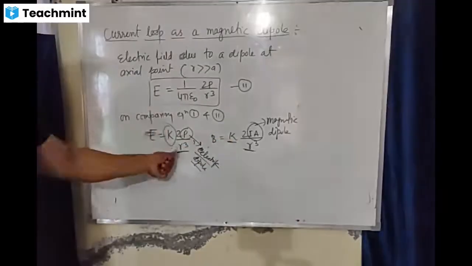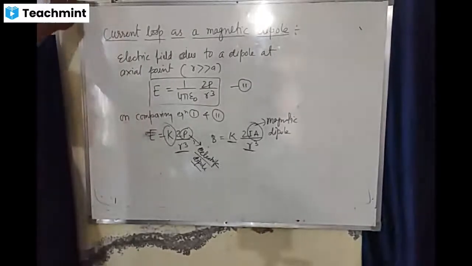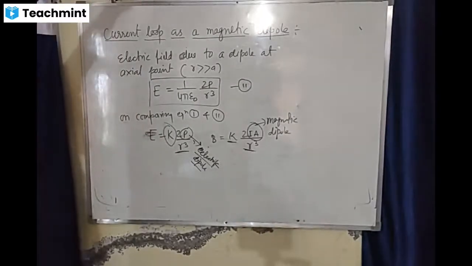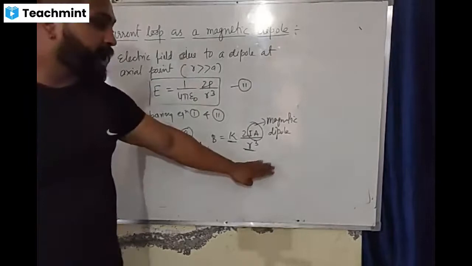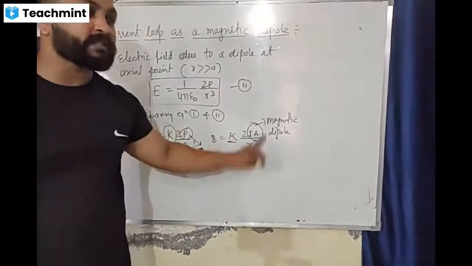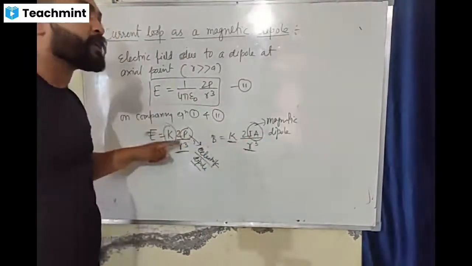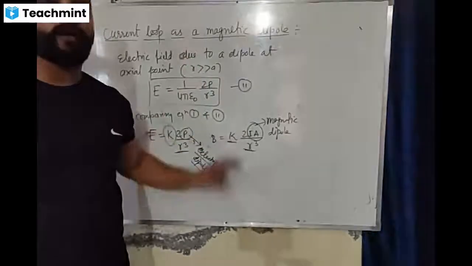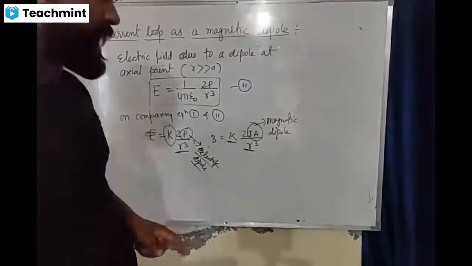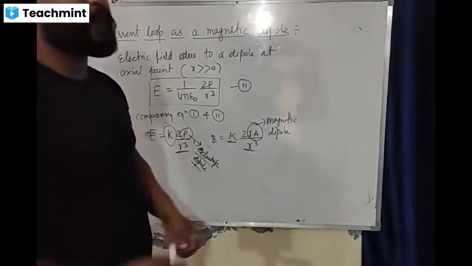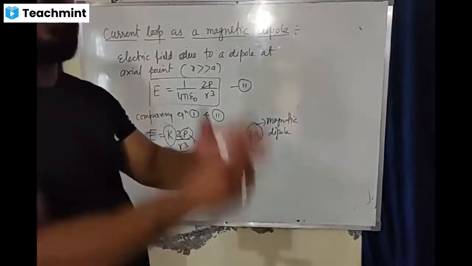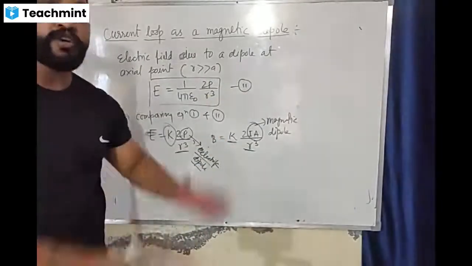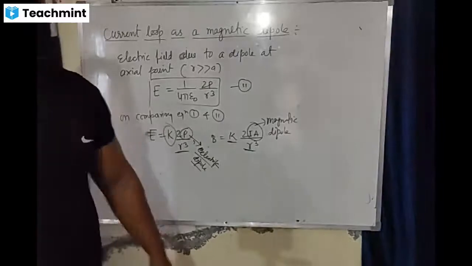What role P is playing in electrostatics as the electric dipole moment, the same role in magnetism this quantity IA is playing. So we can say that this IA also behaves as a dipole, but since we are talking about it in the magnetic field, it will behave as a magnetic dipole.